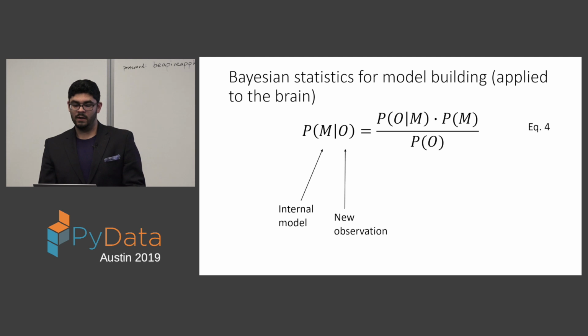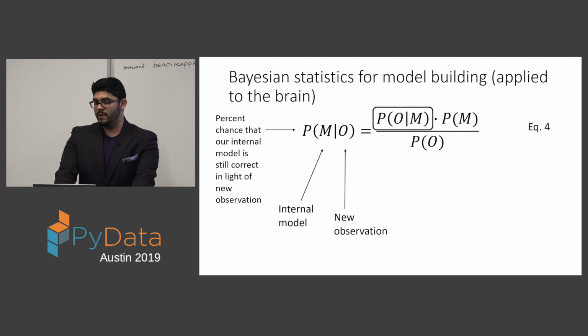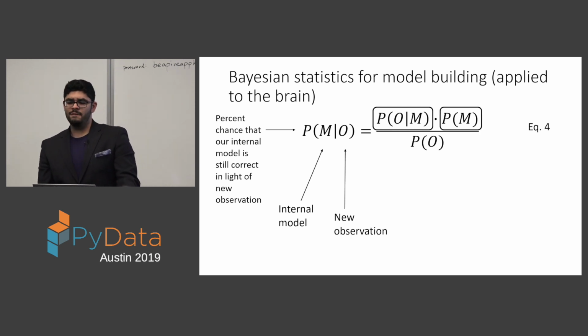And that's based on the probability that we would see this observation at all if our model were 100% correct. It's also dependent on the probability our model is correct at all. So if we're wildly off base, this will be near zero. Or the probability that we see that observation at all, so we can eliminate outliers, we can normalize it against that. And using this, we find that we can update our internal models about something.